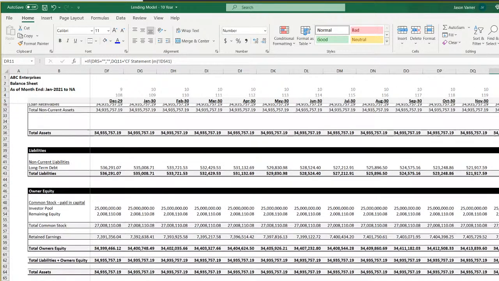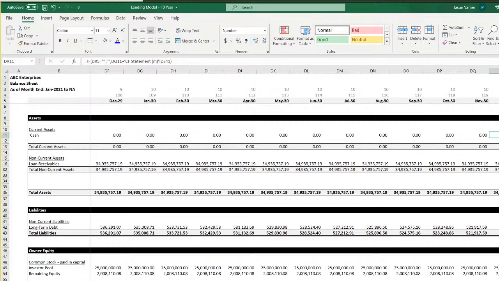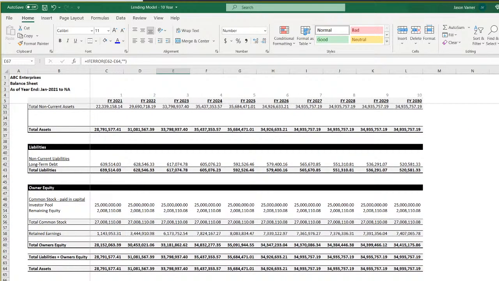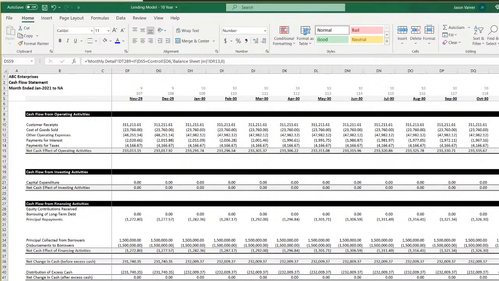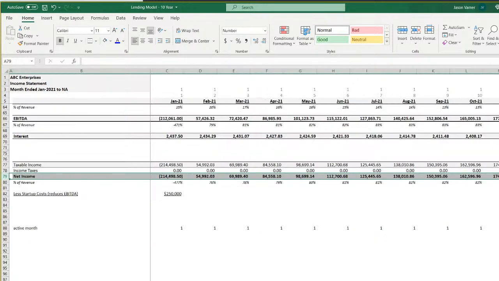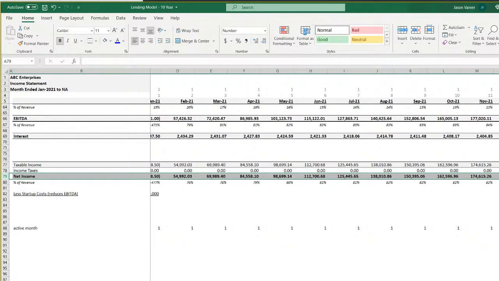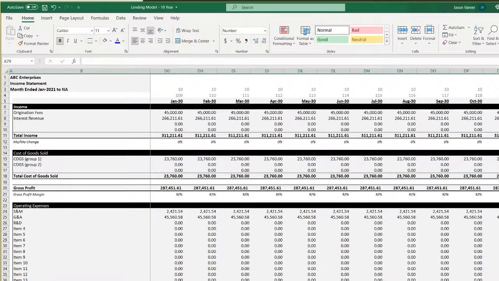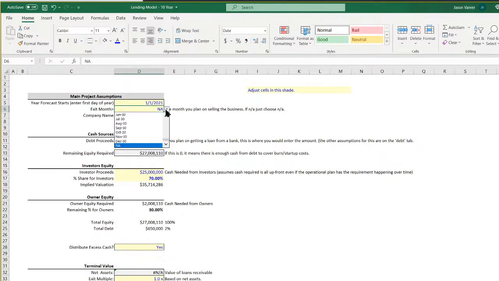Perfect. Okay, that looks good. I just wanted to test to make sure that works if there's just an NA, which it does. We'll put it back to December 2030.